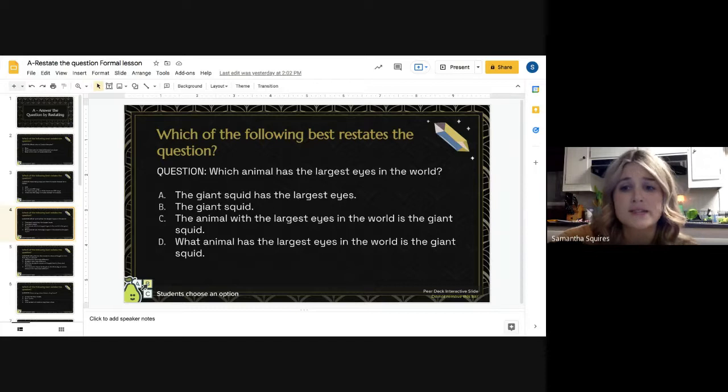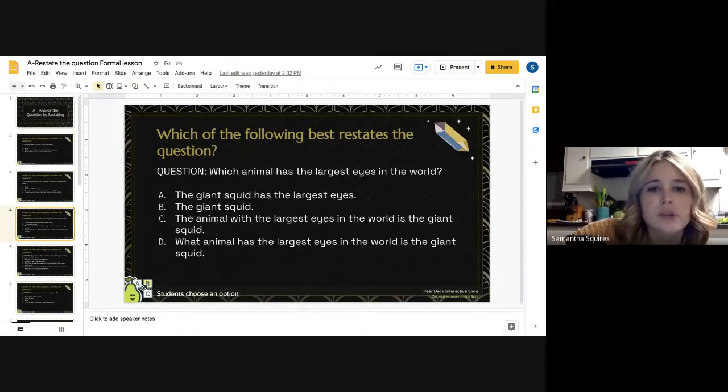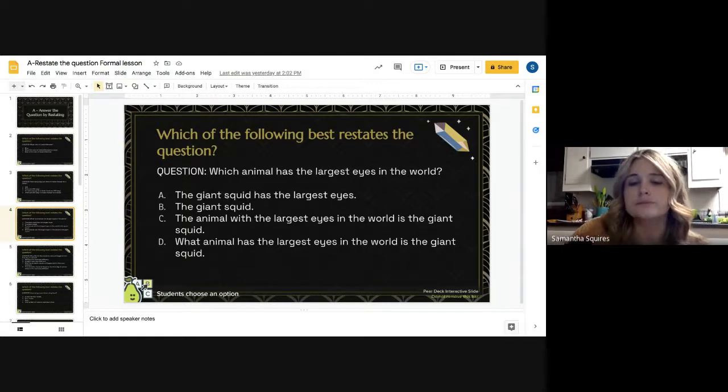Next, we have to do our C, and this is going to be the hardest part. Next, we have to cite our source.